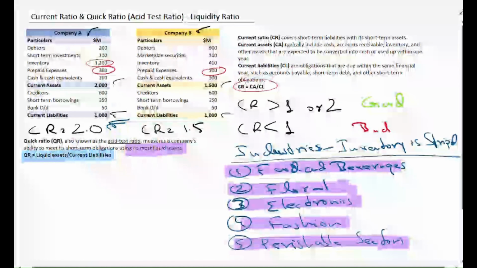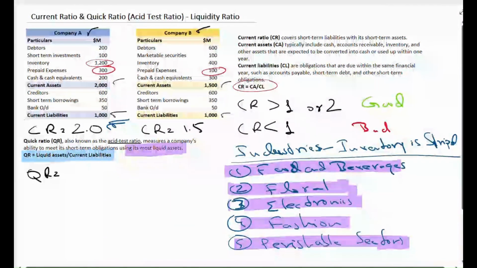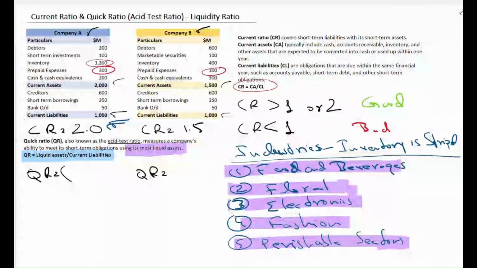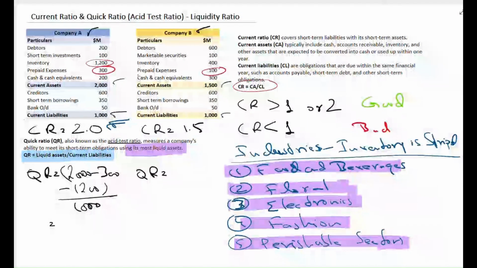Now since we know this, let's strip the ratio. Let's calculate the quick ratio here for company A and the quick ratio here for company B. Okay, let's start with the current assets of 2000 minus 300 of prepaid minus 1200 of inventory divided by 1000 will give me how much?